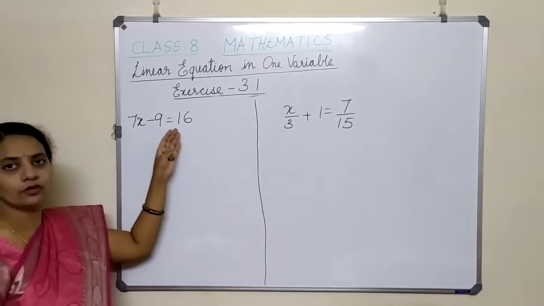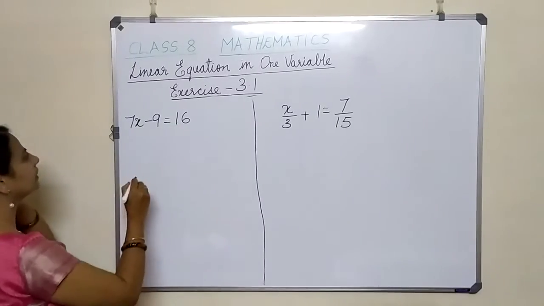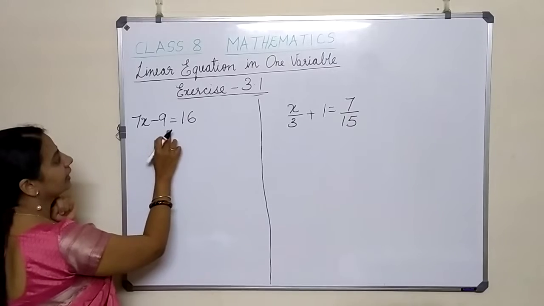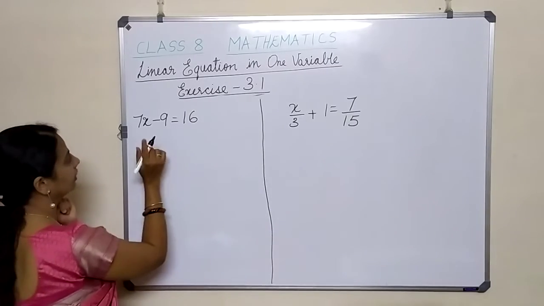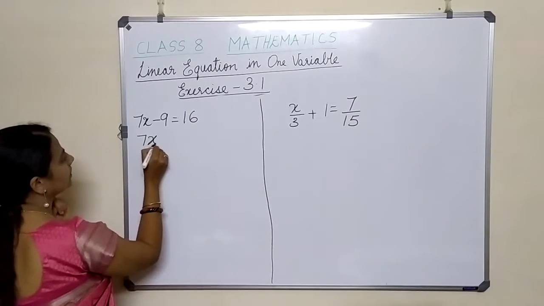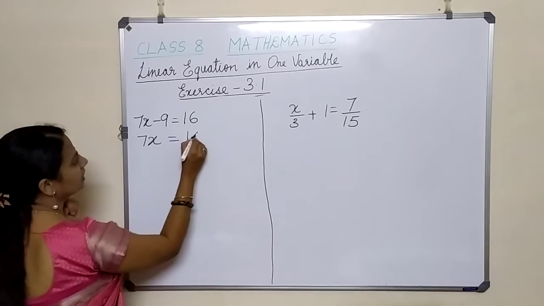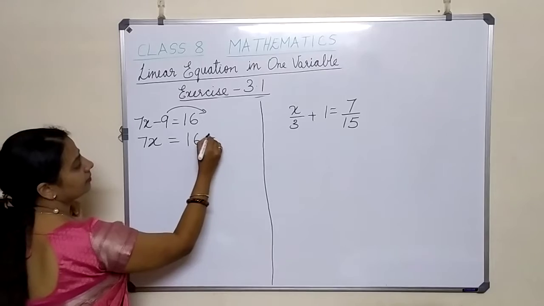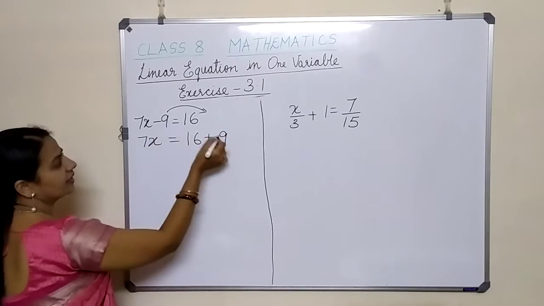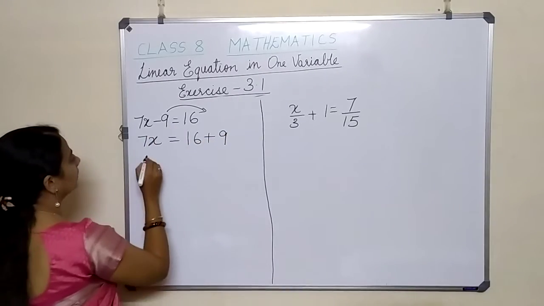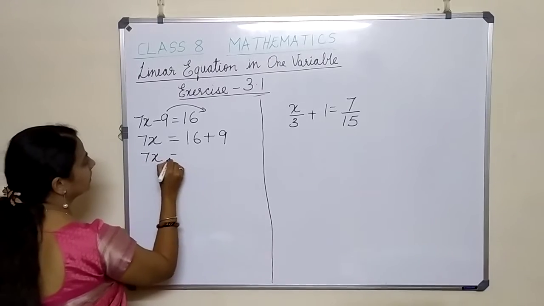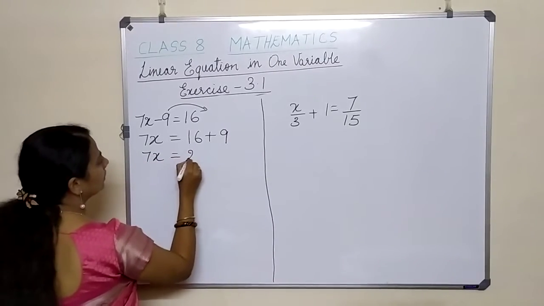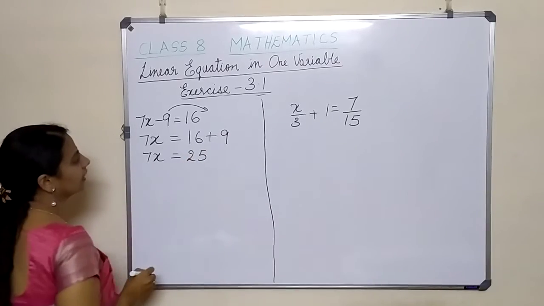7x minus 9 equals 60. So here, which one you have to transpose? This minus 9 to the other side of the equation. So 7x will be equal to 60 plus 9. When this comes this side, it becomes plus. Minus 9 becomes plus 9. Okay, so 7x is equal to 16 plus 9. How much, children? It is 25, right?